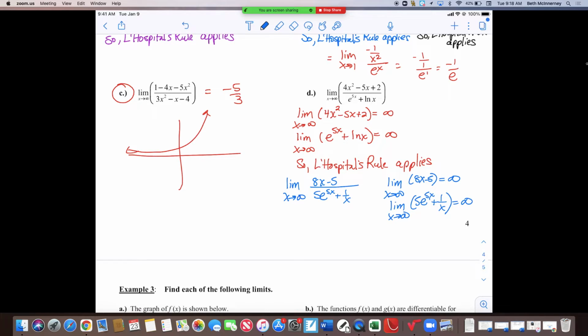So we've got to do the derivatives again. So that's 8 over 25e to the 5x, minus 1 over x squared. Now when I plug in, I'm going to get 8 over infinity. And when you take 8 divided by a number that's increasing without bound, that's going to 0.